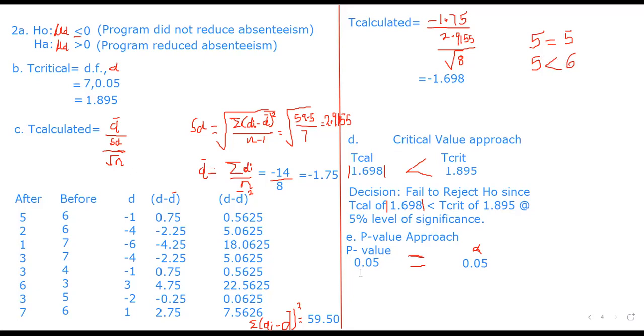So the decision will be: fail to reject, since the p-value is equal to the alpha.